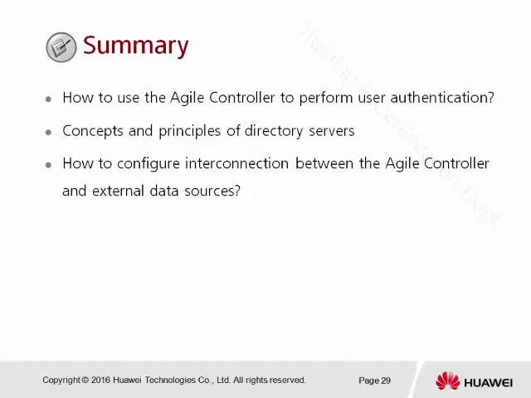The concept and principle of directory server, we need to understand. The last one, how to configure the interconnection between the Agile controller and the external data source. This is all the summary inside the topic here, interconnecting the Agile controller campus with server.